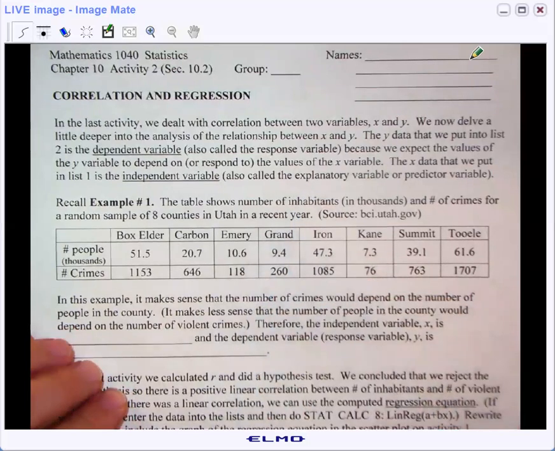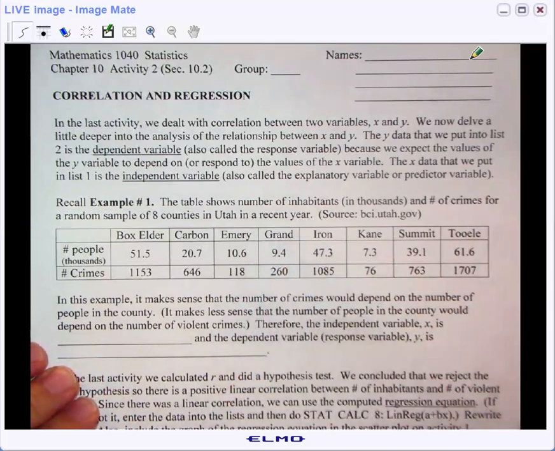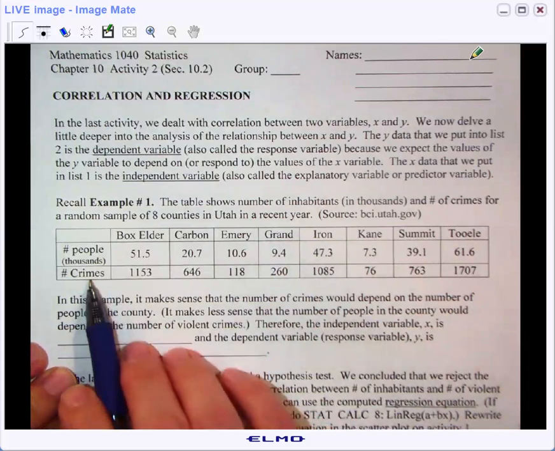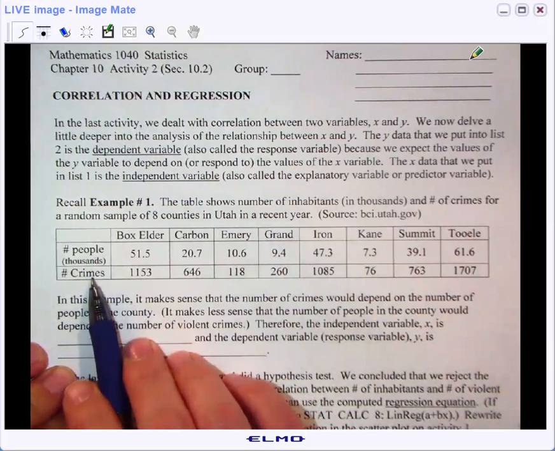Let's go back to our example from last time about the number of inhabitants and the number of crimes in a sampling of counties in Utah. It makes sense that the number of crimes would depend on the people, a lot more sense than the number of people measured in thousands would depend on time.